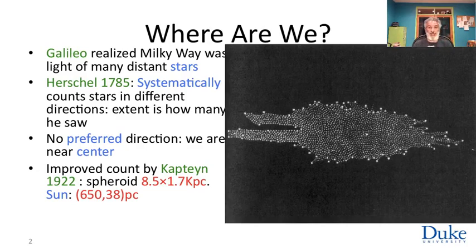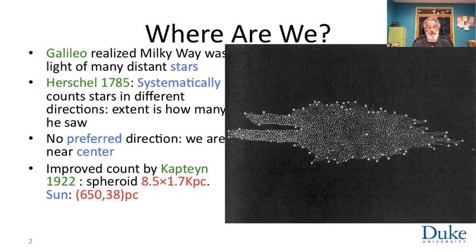A more systematic study of the shape of the universe was undertaken by Herschel in 1785, and what Herschel did is he divided the sky into a few hundred regions, counted the stars in each region, assuming that the average luminosity of stars was the same in all directions.